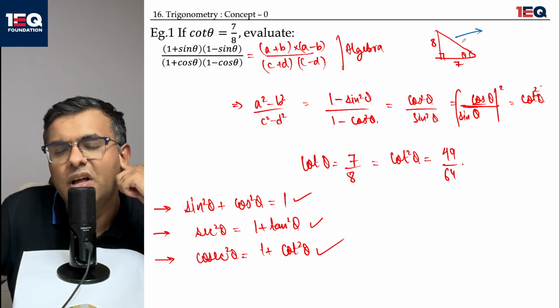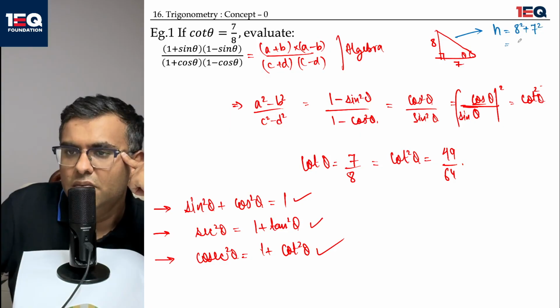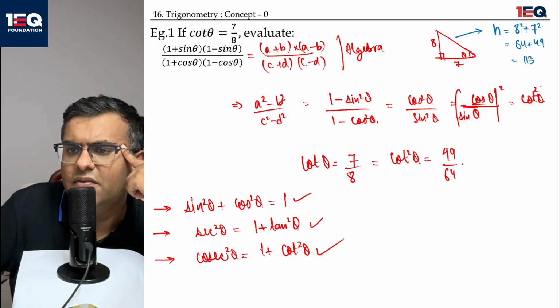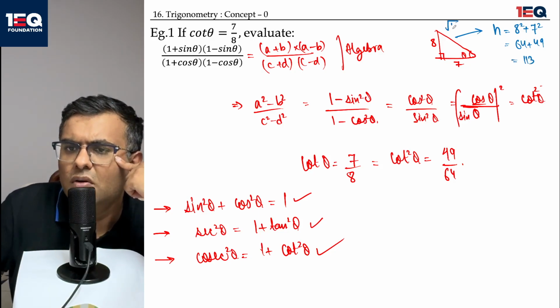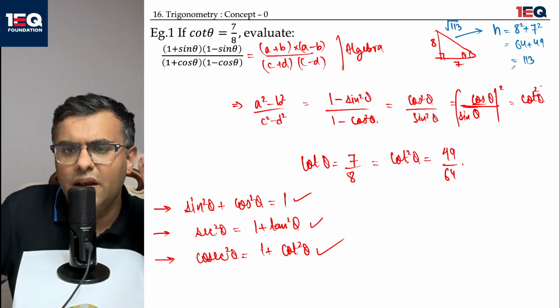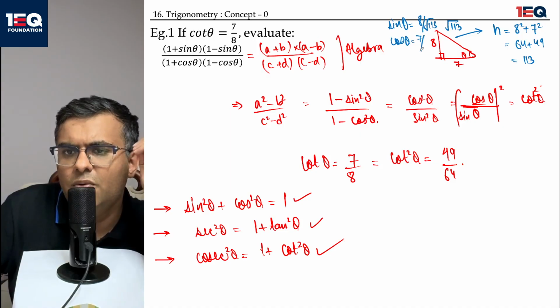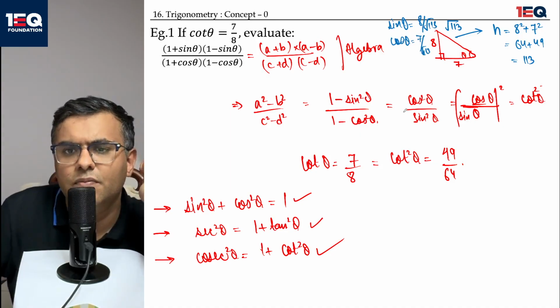The value of the hypotenuse would have been the root of 8 square plus 7 square, which is 64 plus 49, which becomes 113. So root 113 would have been the hypotenuse. Now I could find sin theta, which is equal to 8 upon root 113, and cos theta, which is 7 upon root 113.